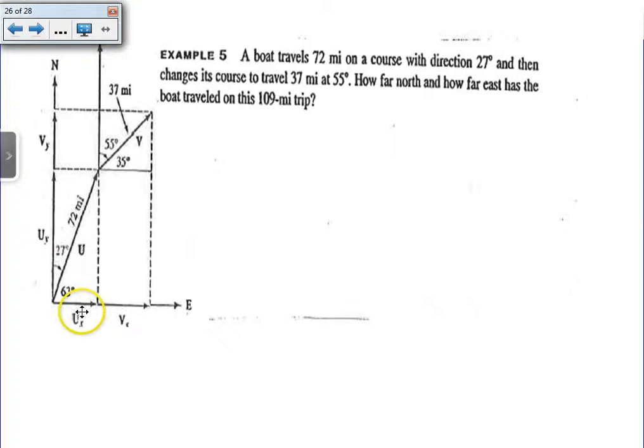All right. We can calculate this component right here because it's going to be the horizontal vector of this initial travel. So remember, I'm going to call it u sub x, the magnitude, which is 72, times the cosine of my angle, which is 63, because remember the 27 degrees off of north, we want its complement, that's the theta.